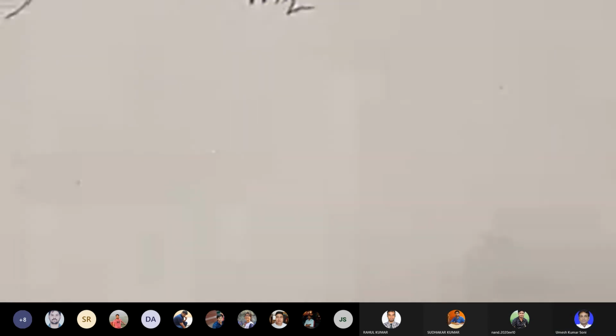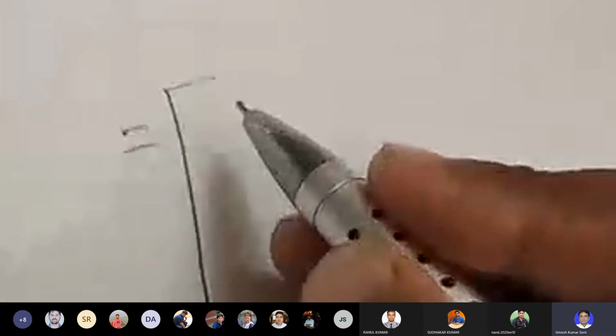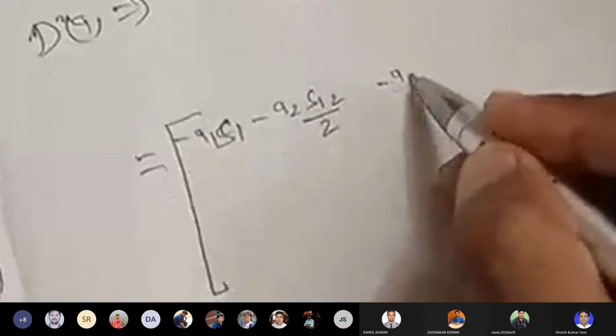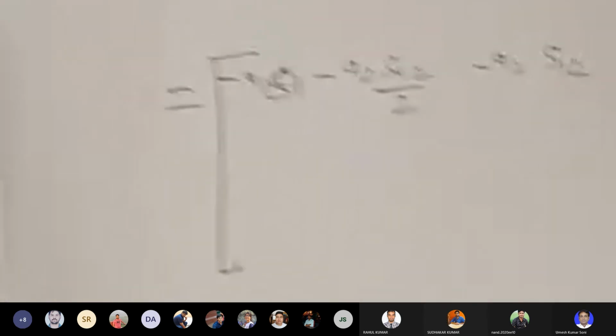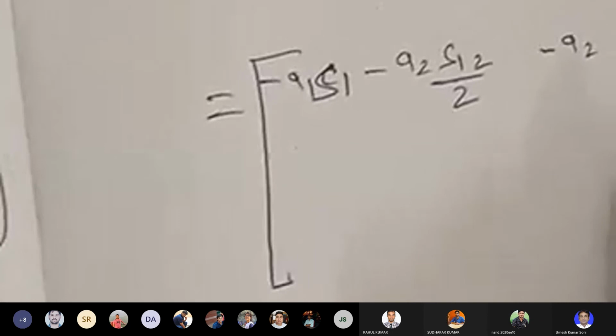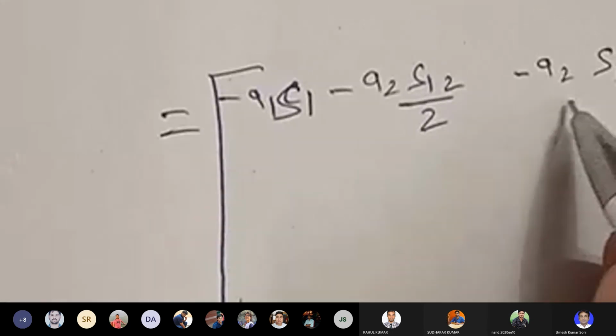Is it clear students? Now you put here the values. क्लियर दिख रहा ना जो मैं अभी लिख रहा हूँ? Yes.